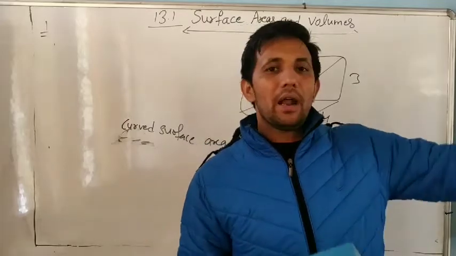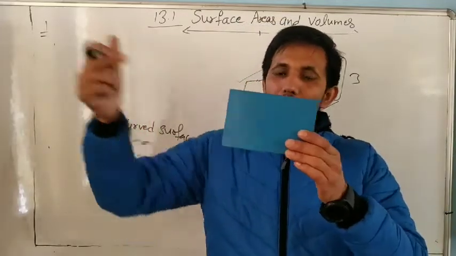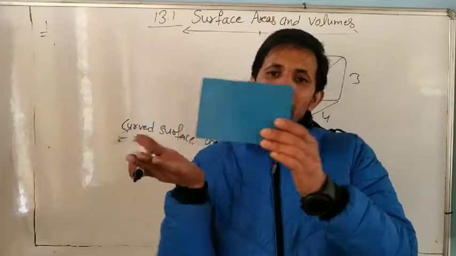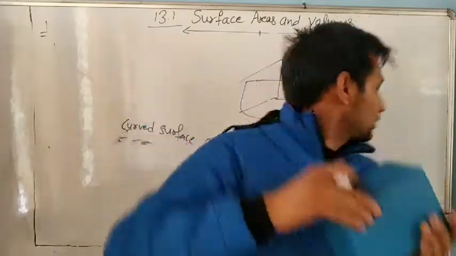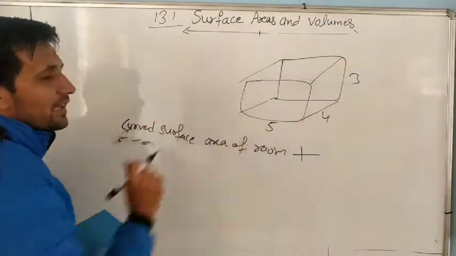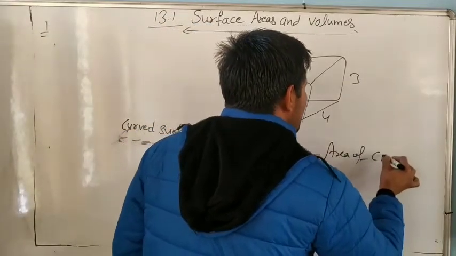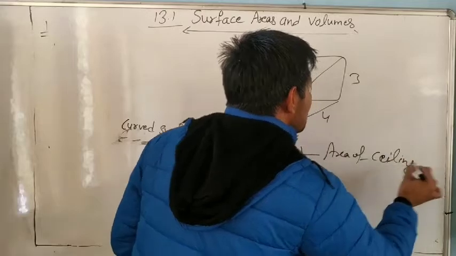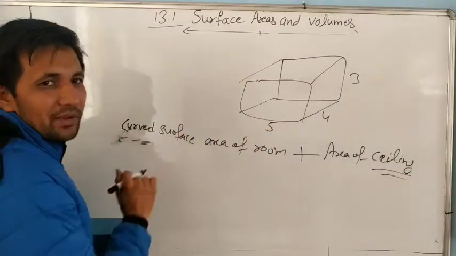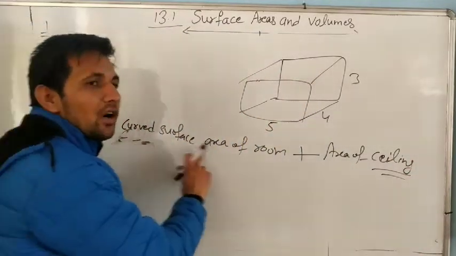That means 1, 2, 3, 4, and this one on top, 5. So it means curved surface area of the room plus area of the ceiling. Otherwise you can write area of four walls.